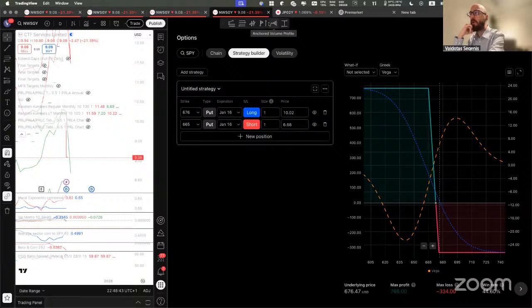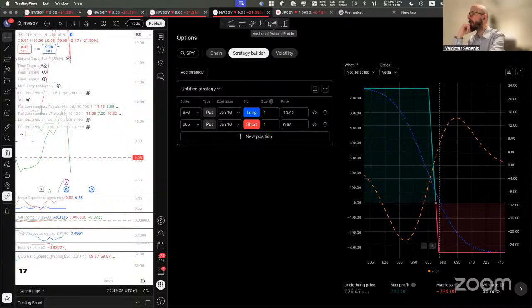Of course, there are risk management rules that I use, and when I say that max loss is in this case 334, I would almost never wait for that to happen. My rule for vertical spreads is my stop is 50% of the premium.